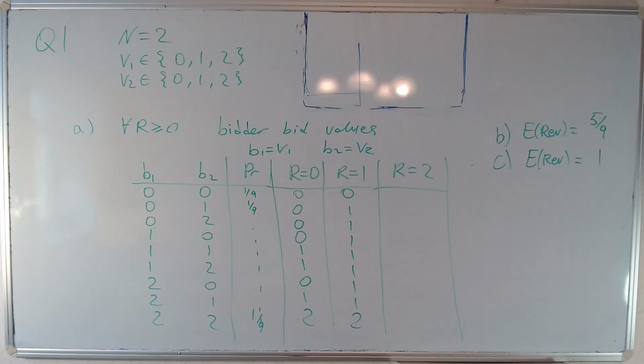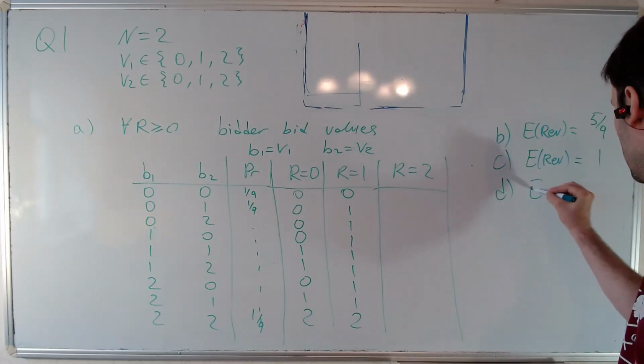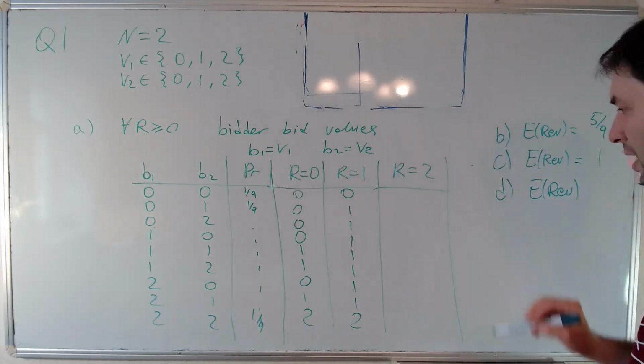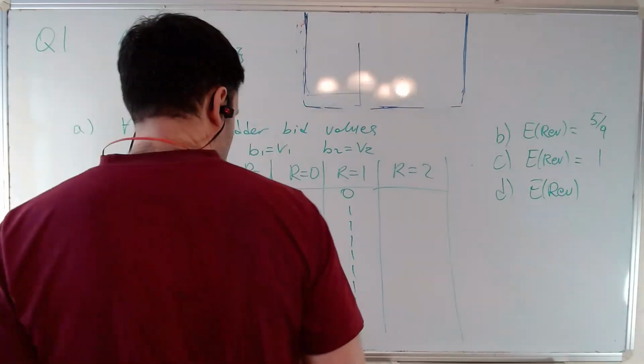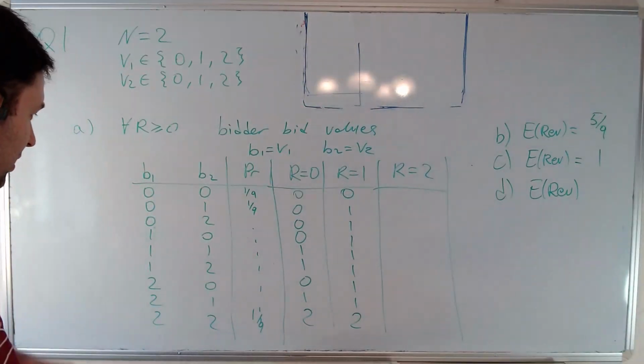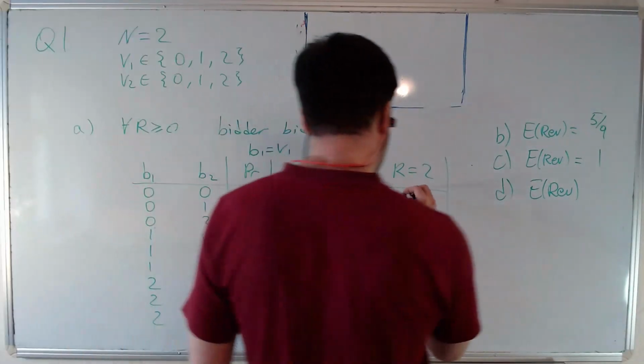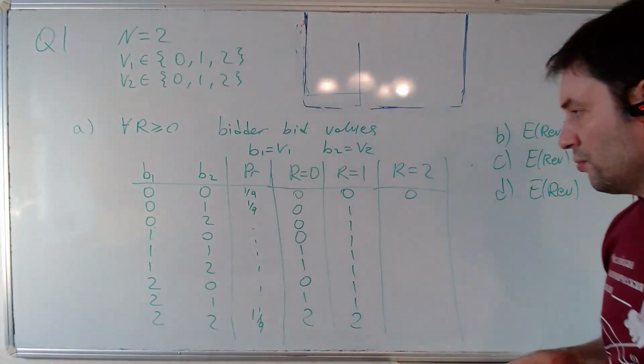All right, and finally, reserve price of 2 for part D. So same calculation, but now we have to again go through each case and figure out what happened. So the first case now has to be 0. You cannot do better.